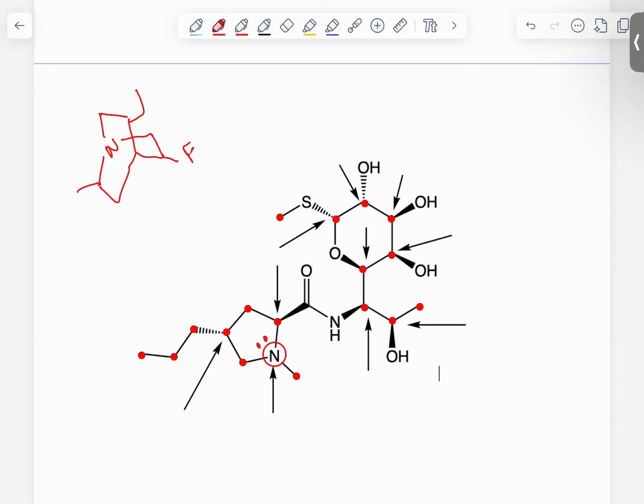The fatter end, the thicker end, is the one that is going in or out. And the point is the planar one. Yes. So if I'm you, the wedges are coming towards us and the dashes are going in.